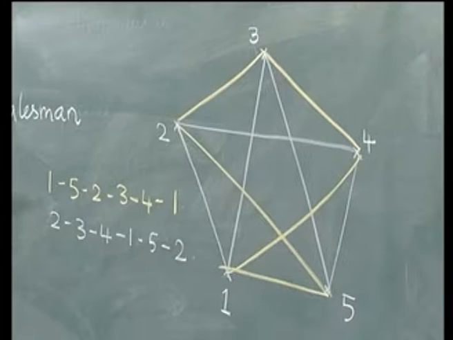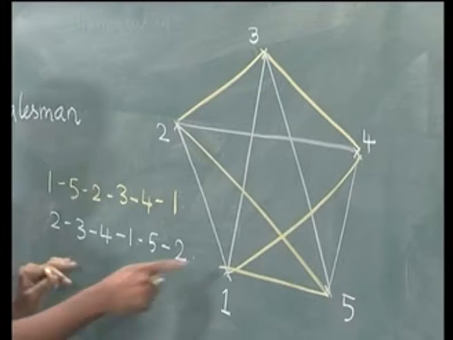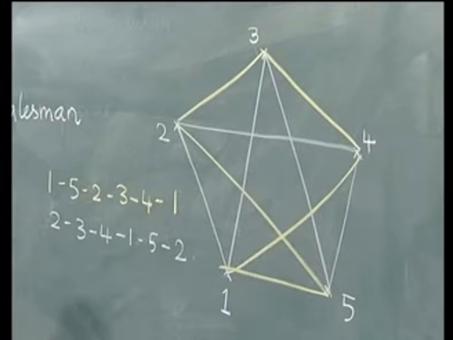So, effectively in a traveling salesman problem, it does not matter which city or which node the traveling salesman starts. The only thing is from any node the person can start, but the person has to visit every other node once and only once and come back to the starting node.